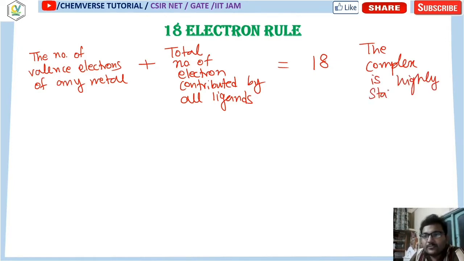So it is a condition for stability, and this is the 18 electron rule.